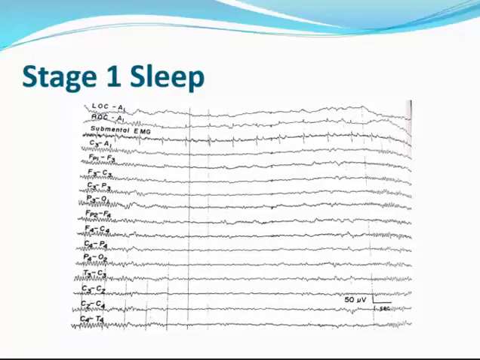Here we see stage one sleep, a decrease in voltage of alpha rhythm during drowsiness, with alpha activity disappearing and reappearing. As you can see here: appearing, disappearing, reappearing.